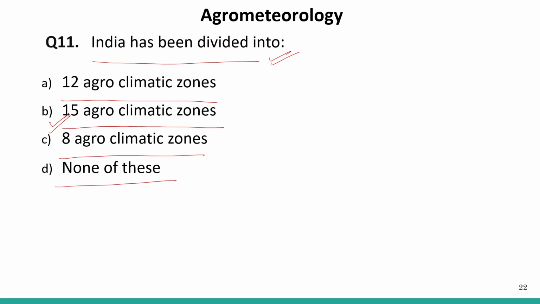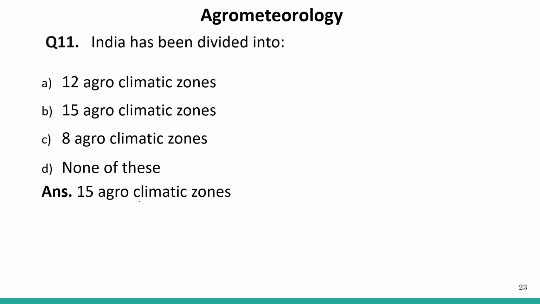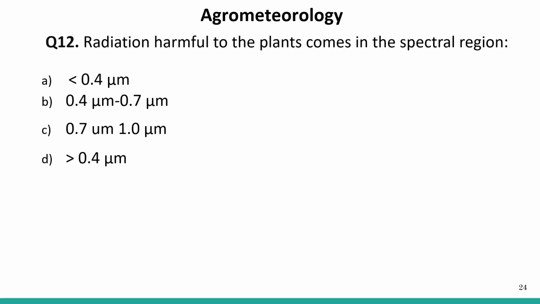And this can further be divided into 72 sub-agroclimatic zones, right? So the correct answer is India has been divided into 15 agroclimatic zones. Next question.